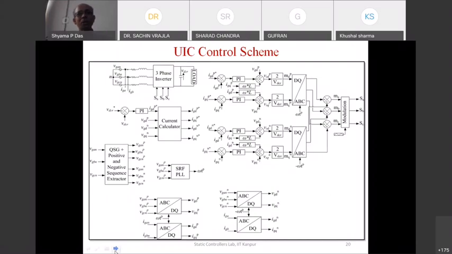If you want to reduce the DC link voltage, IGD has to be less. So the error of the capacitor voltage gives a measurement of IGD. The error is fed to a proportional integral controller, and the output is IGD. IGD is one of the variables which is obtained like this.